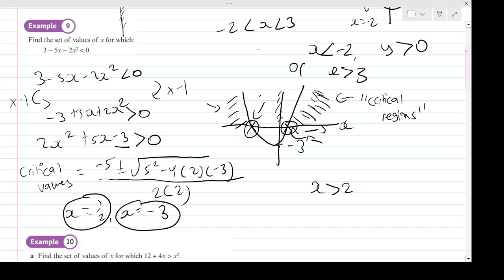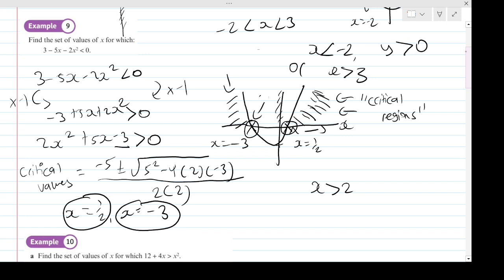So x is a half is the critical value for this critical region there, and x is -3 is the critical value for this critical region here on the left. So that's all it is. A critical region is the solution to an inequality.